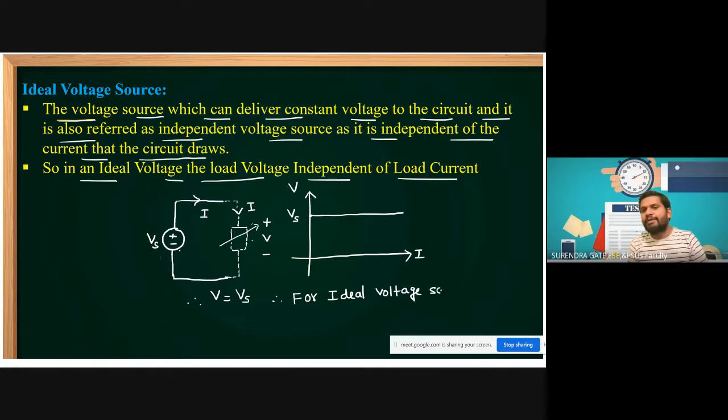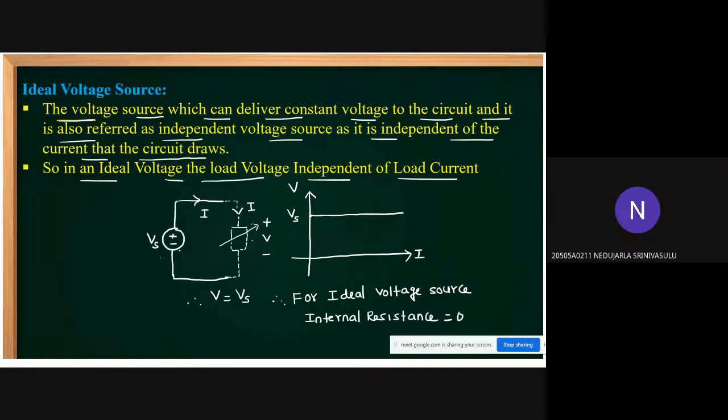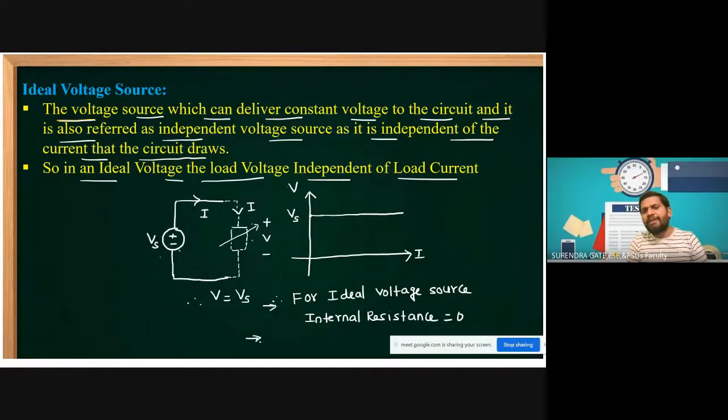Friends, what is the internal resistance? The internal resistance is equal to 0. We don't have any internal resistance. Once internal resistance is zero, the power dissipation is also zero. That's why it is named ideal.